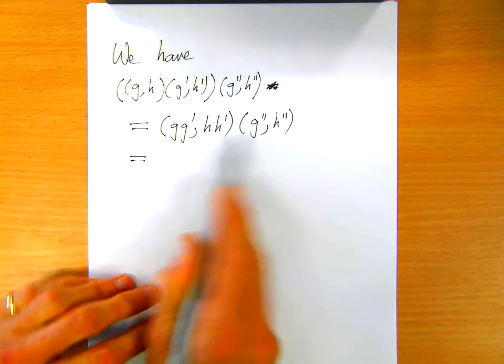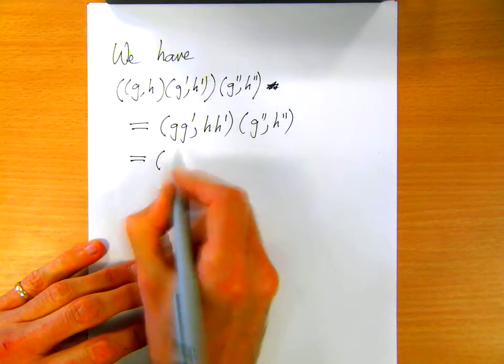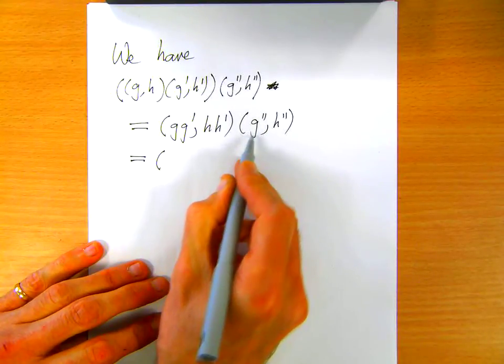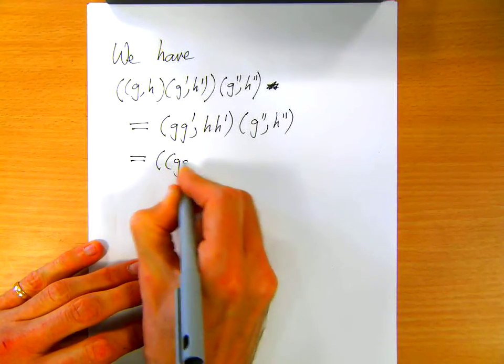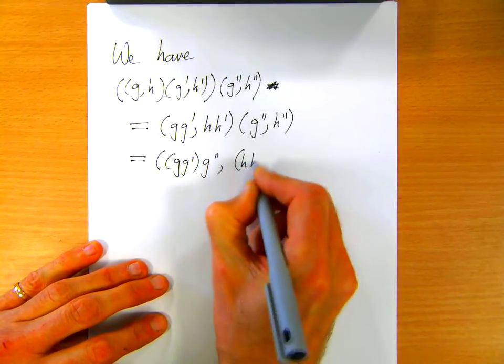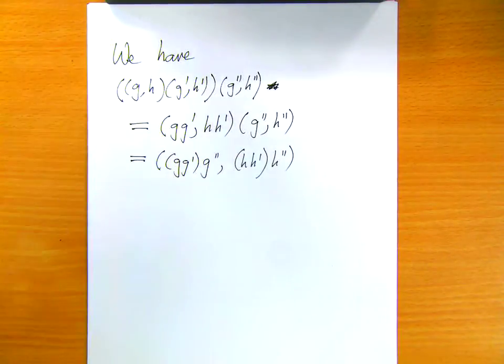Now I've got two ordered pairs that I'm going to multiply together. So I do the first slot of the left one times the first slot of the right one. So I get g' times g'', and I get h' times h''. That's using the definition of the binary operation again. We're just doing it slot by slot, these binary operations.